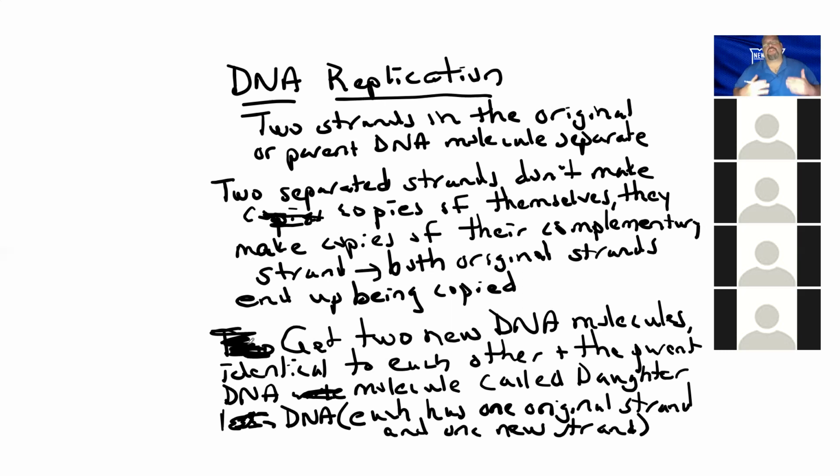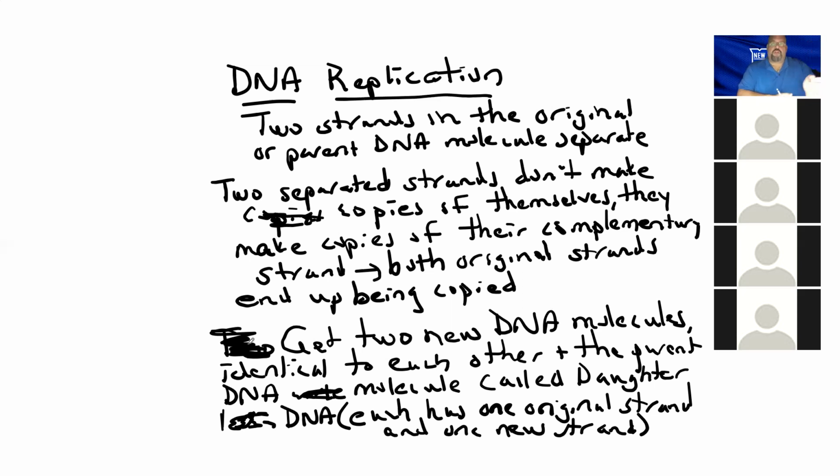These two new molecules are what are called daughter DNA. The two daughter DNA are not only identical to each other, but they're also identical to the original or the parent DNA. And the daughter DNA, just like the parent, has two strands, one original and one new strand. The new strand is the copy of the complement it made.